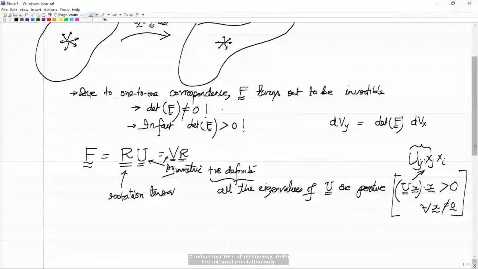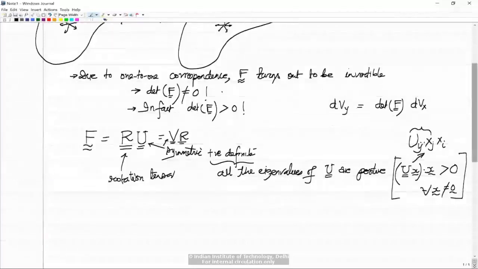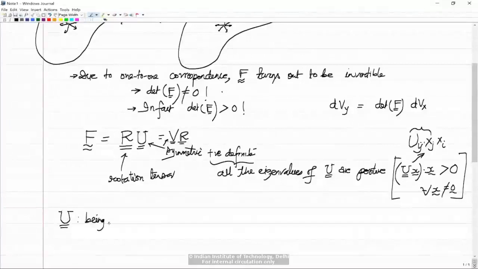All right. Now, what is the nice thing about such a decomposition? It is a really interesting decomposition. Let us see what's so nice about it. See, U is symmetric, right? Being symmetric means all its eigenvalues must be real.